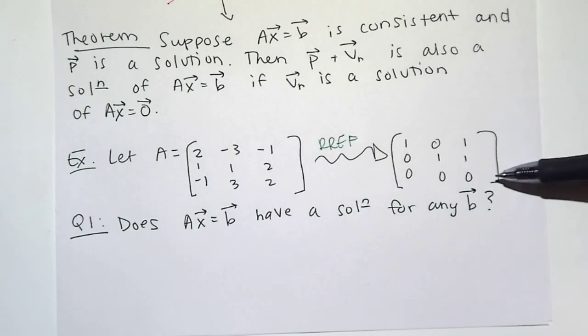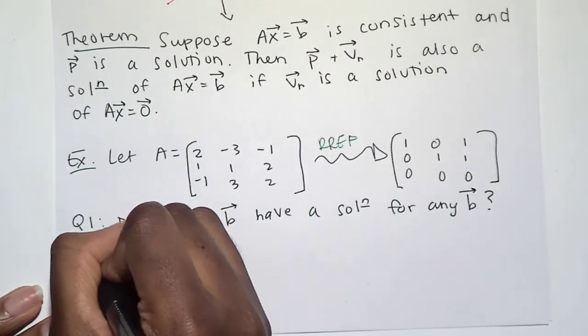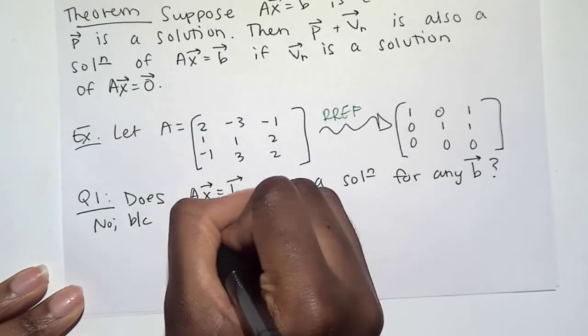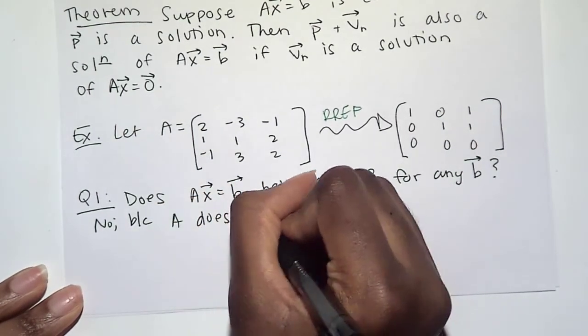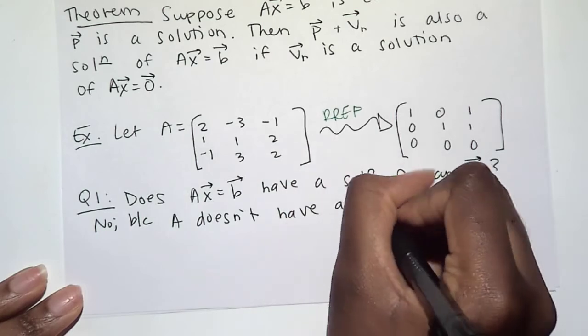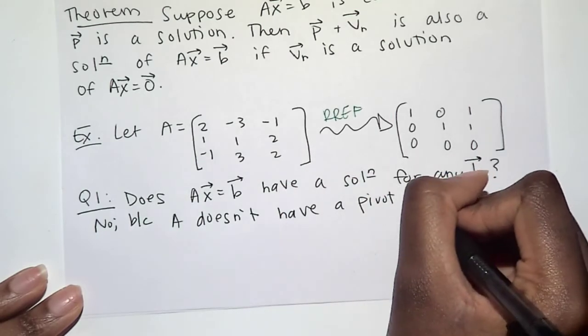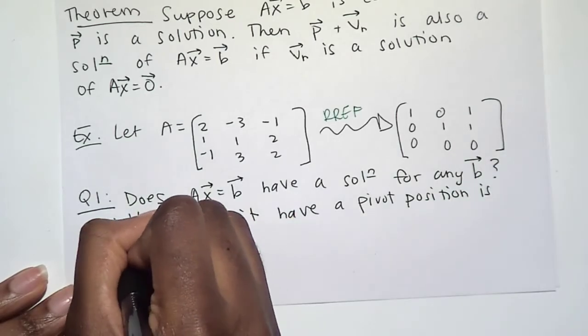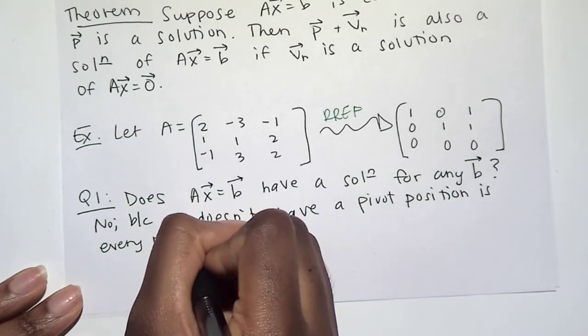What if when I got down here, I had a number, but zeros down here? So the answer is no. We can't just solve AX equals B for any B that we want because we don't have a pivot position down here in the 3rd place. All right, so the answer would be no, because A doesn't have a pivot position in every row.